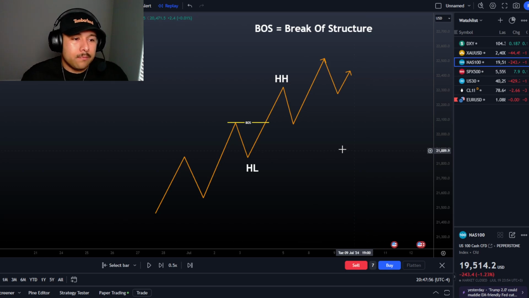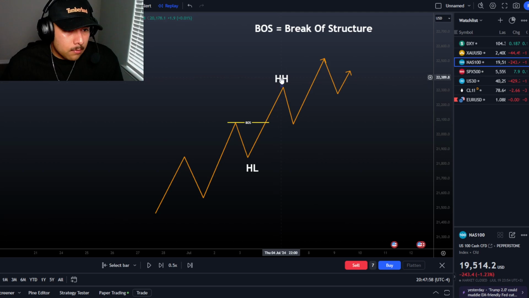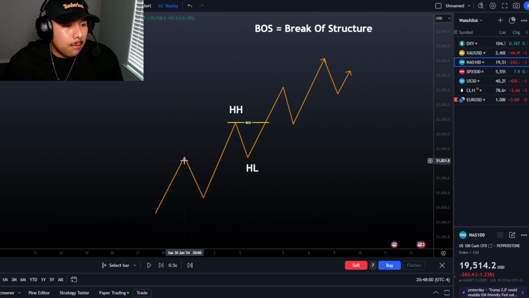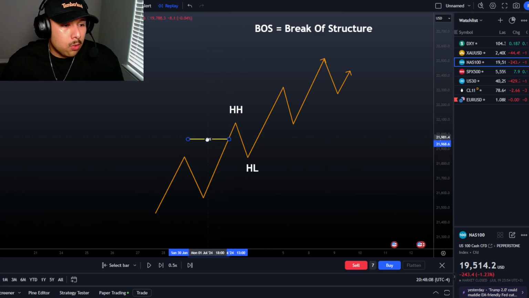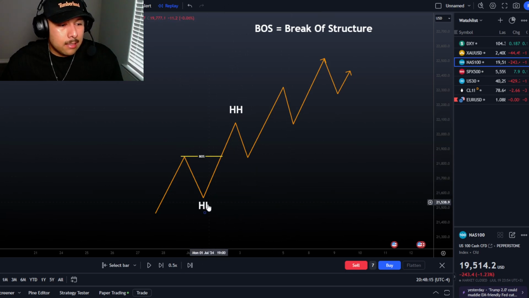Okay. So in this example, price came up, created a high, came down, created a higher low. And the reason we know it's a higher low is because price drove upwards, broke this structure, creating a higher high. Therefore, this is now a valid higher low.